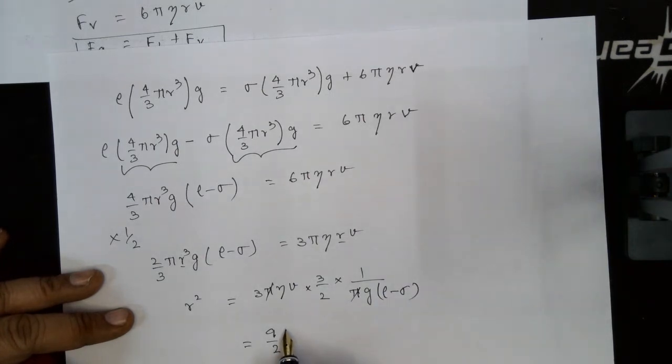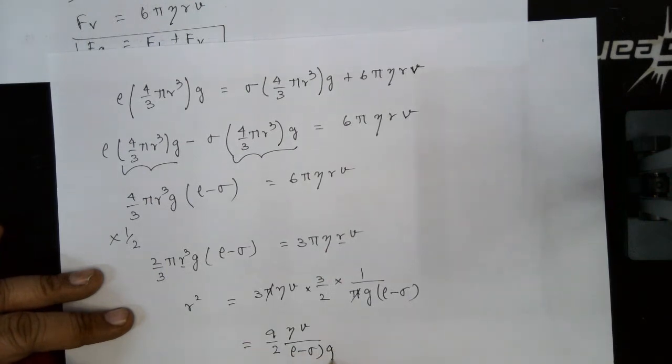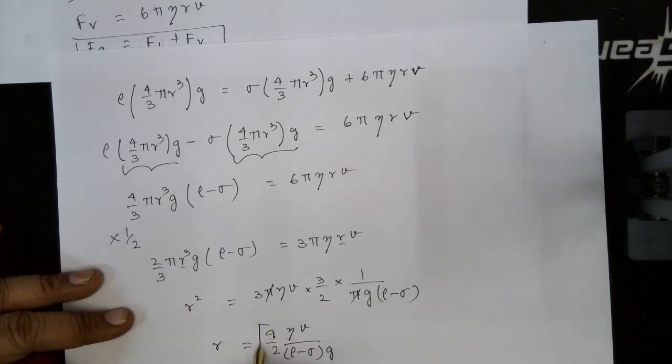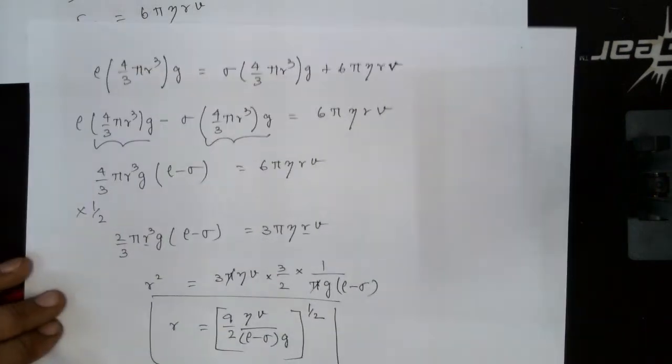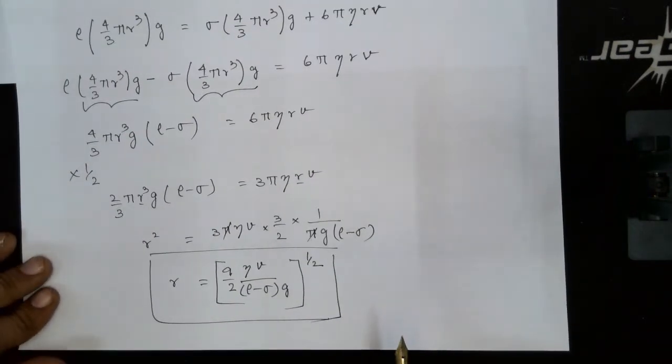So eta v divided by rho minus sigma into g. So r squared is equal to this much, which means r is equal to this whole power 1 by 2, or the square root. So this is the radius of the oil droplet.